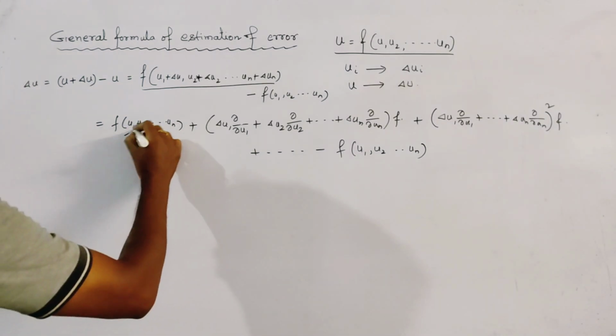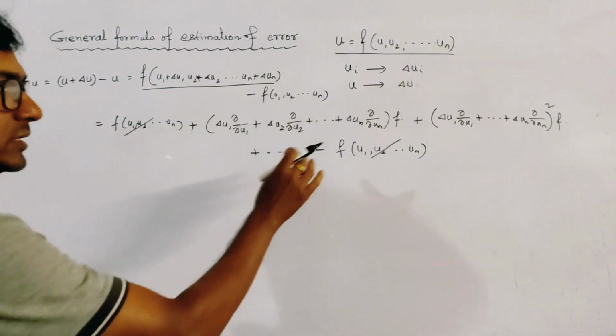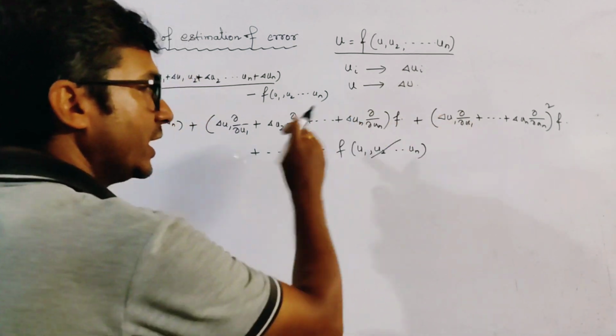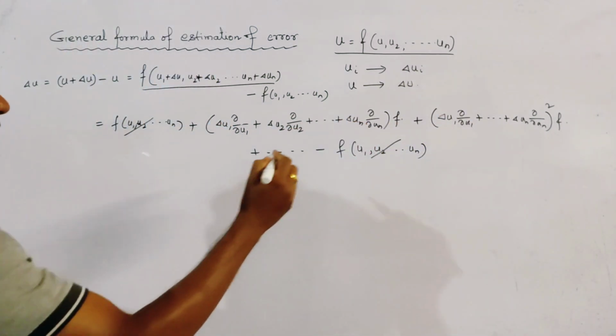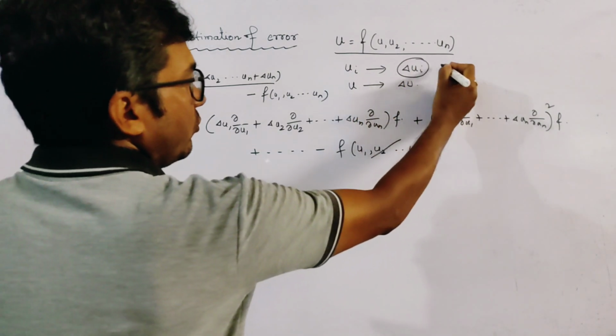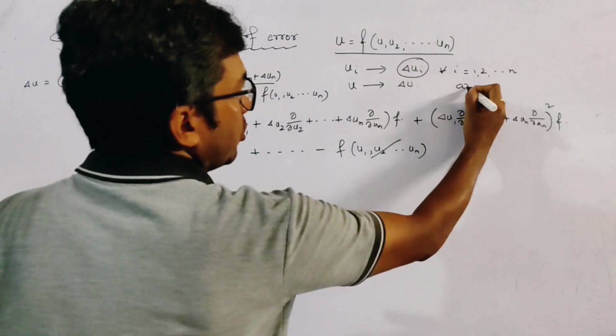Now the first term and the last term cancel out, and we neglect the square and higher powers of this operator because delta ui for all i equal to 1 to n are very small.